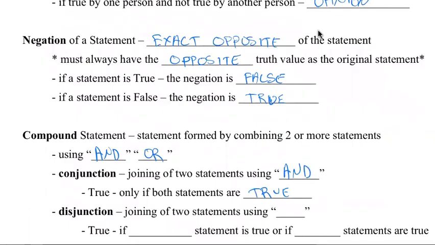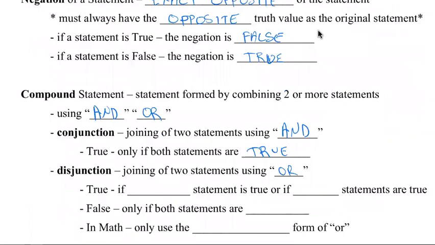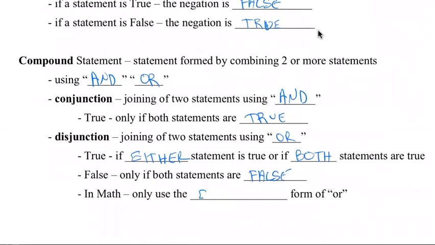Disjunctions, joining two statements using the word or, and they're true if either statement is true or both statements are true. It's false only if both statements are false. In math, we only use the inclusive form of or. I almost wrote exclusive. We only use the inclusive form of or. Okay?